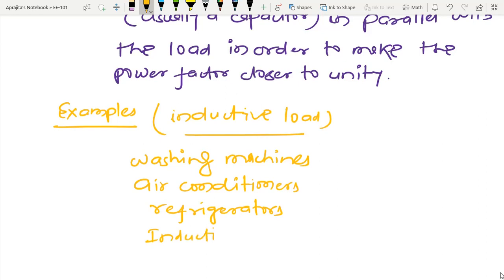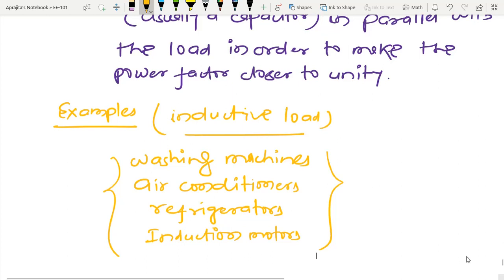These are some common examples, but we have more than this. Whatever theory I am going to discuss today is applicable to all of the practical applications.